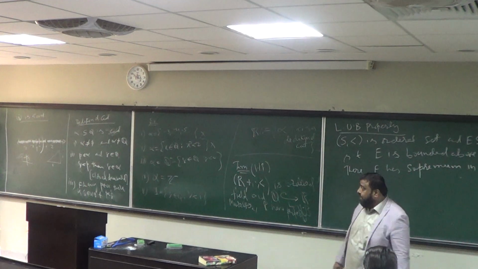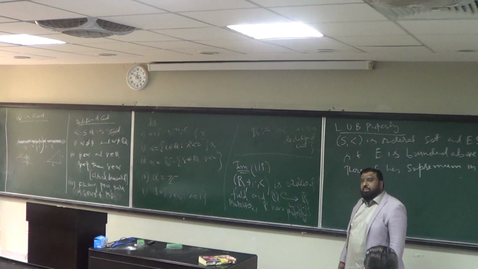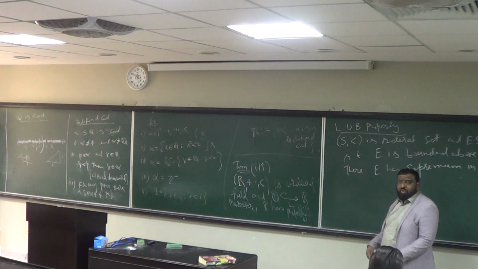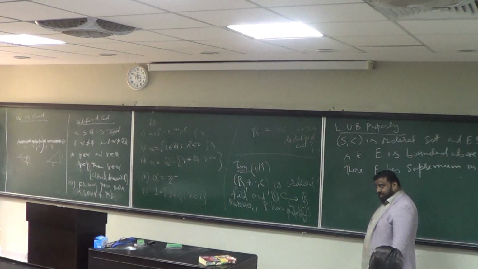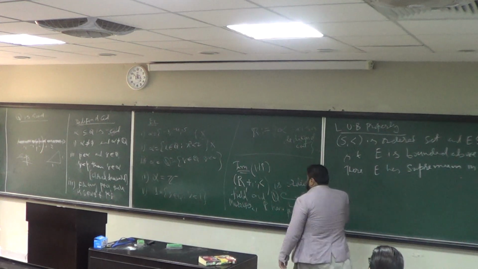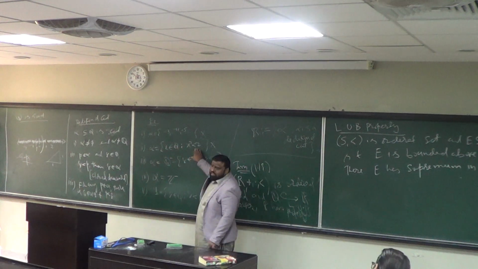Can you give a counterexample to show that Q does not have the least upper bound property? One of the examples is here. Dedekind cut. Just think about this example. It's not a cut actually.